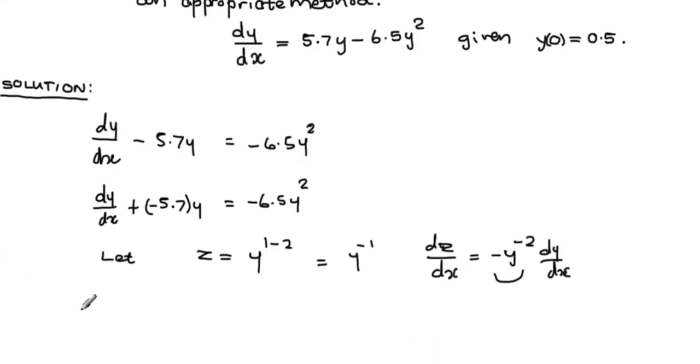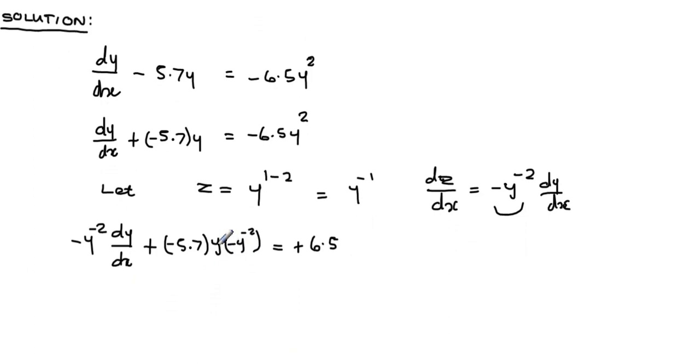We're going to get minus y to the power minus 2 dy dx plus minus 5.7 in brackets, and when we multiply this y times minus y to the power minus 2, it is going to be equals to minus 6.5, because y to the power 2 and y to the power minus 2 give us power 0, which is 1, and this sign is going to be a positive sign.